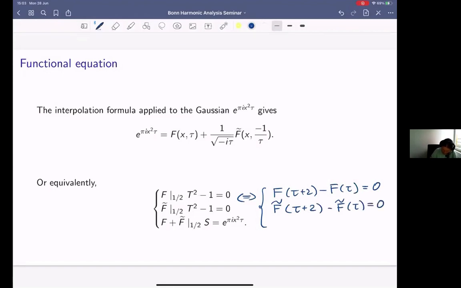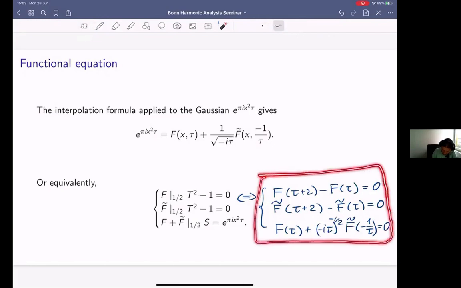And the last formula means exactly what is written here. It means that f of tau plus... So now we know that our functions f and f tilde satisfy the following functional equations.